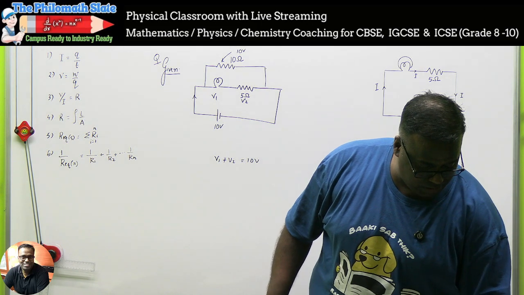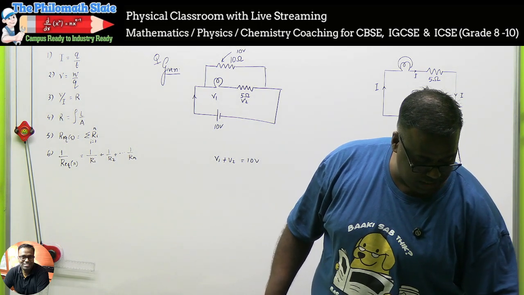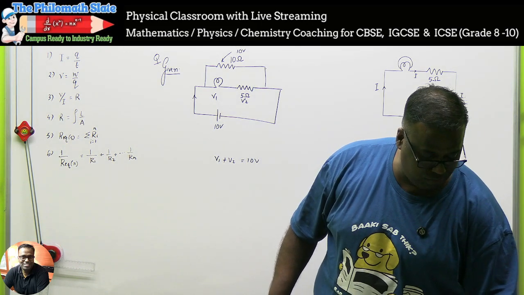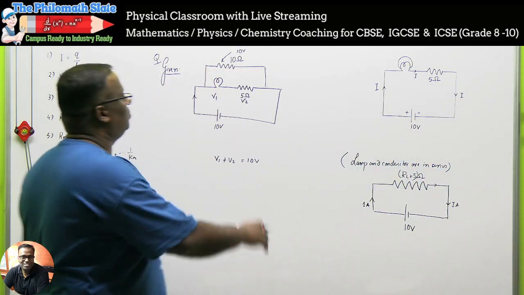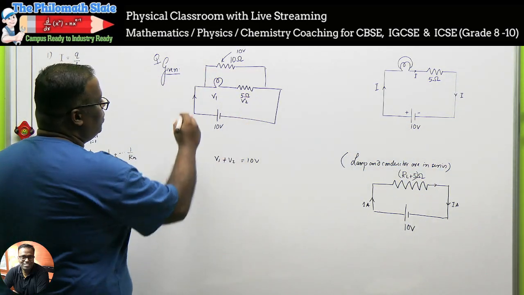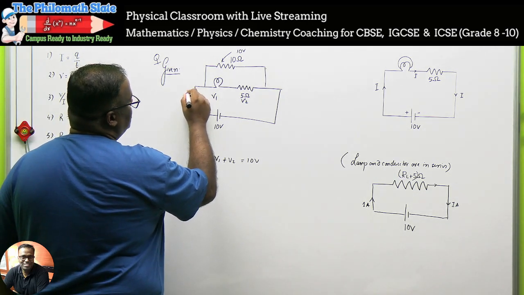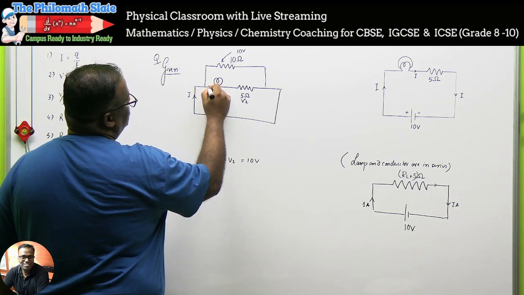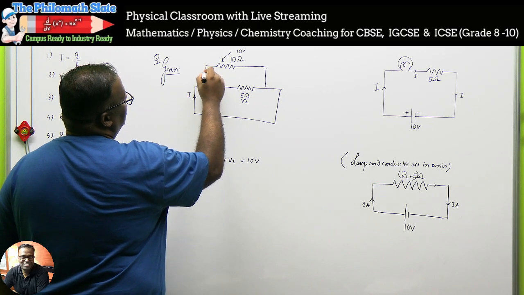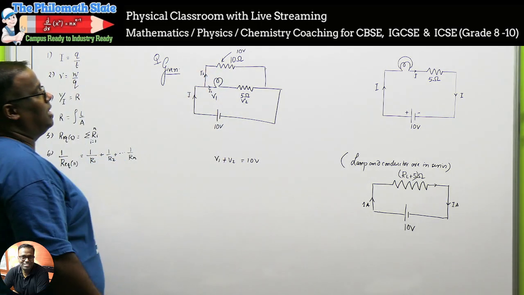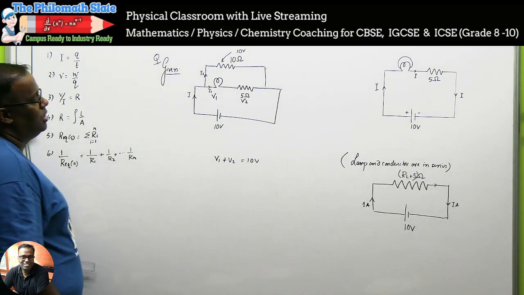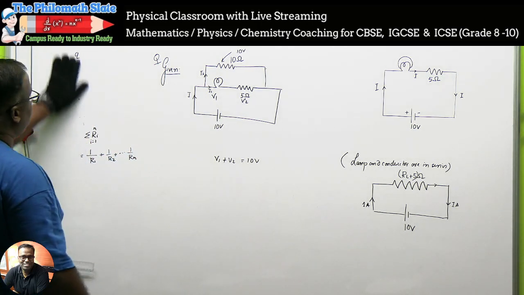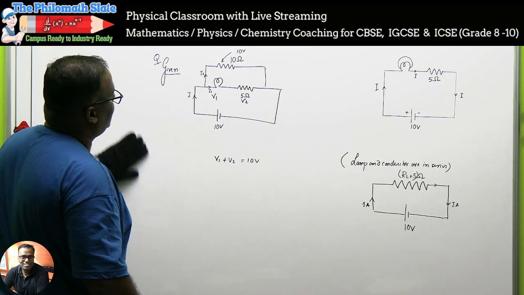They've just said that you have to find out the change in current flowing through the 5 ohm conductor and the potential difference if a resistance of 10 ohm is added. Now current will change. Whatever current was coming here as I, the current will split as I1 and I2. Now how will you find it? Nothing is difficult, let's do it.